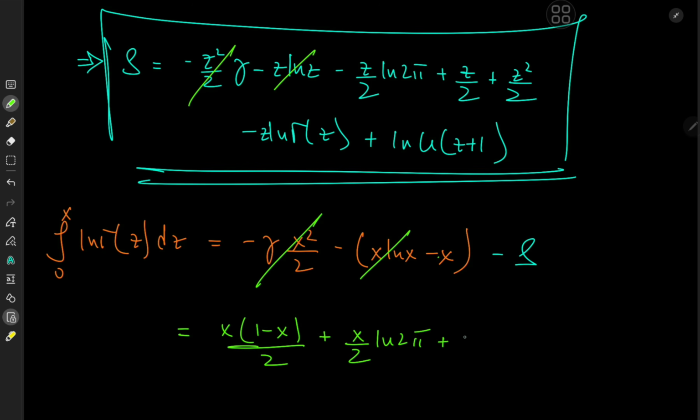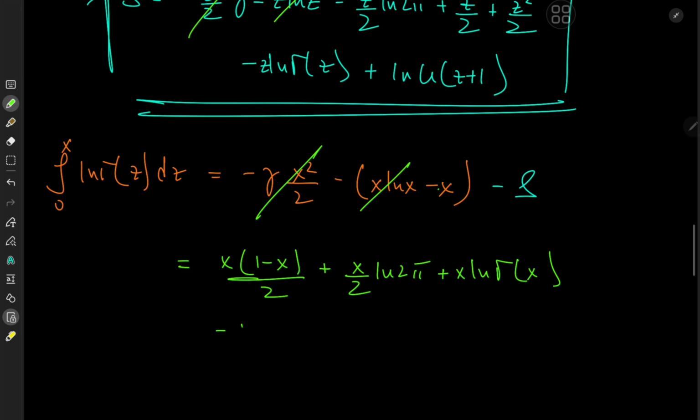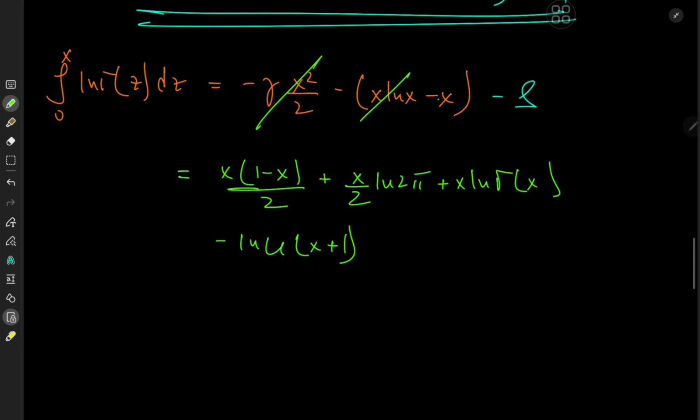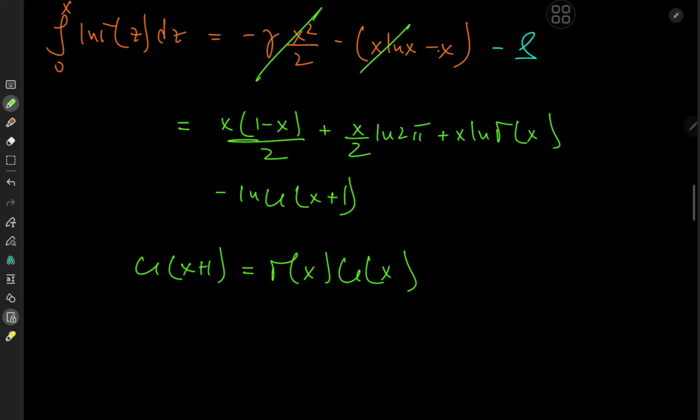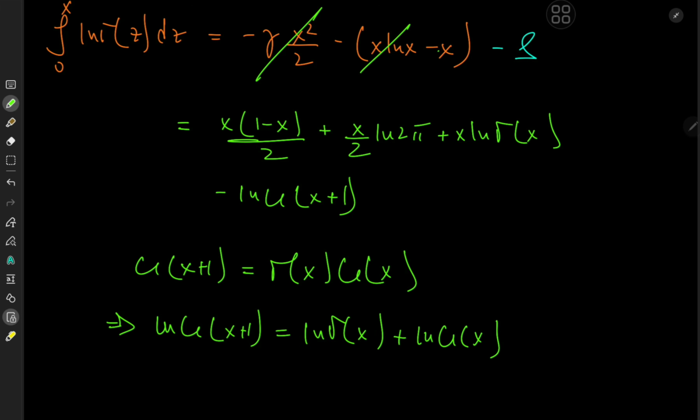And we have a plus x times log gamma x term, minus log g of x plus 1, and now for another cool property of the Barnes g function, and that is actually its functional relationship with the gamma function. So g of x plus 1 actually equals gamma x times g of x, and this thing just looks awesome. So this implies that log g of x plus 1 equals log gamma x plus log g of x.